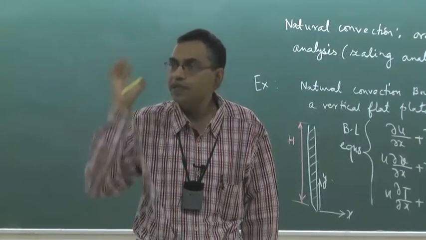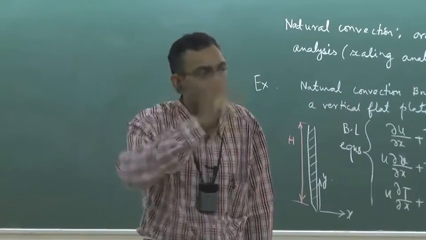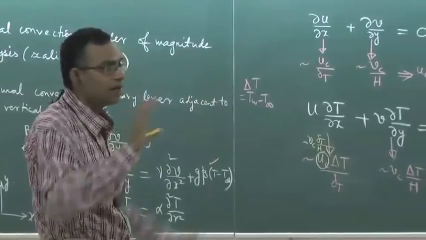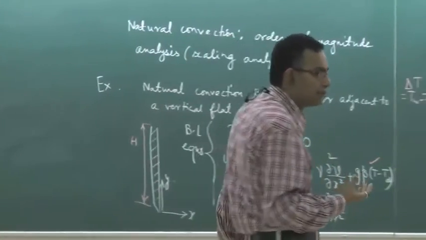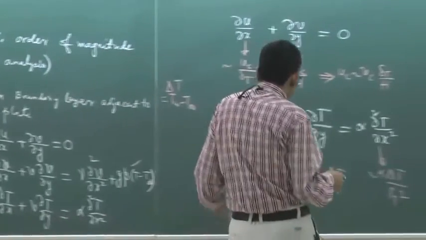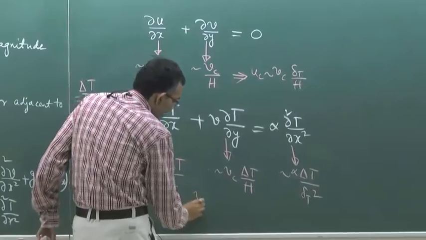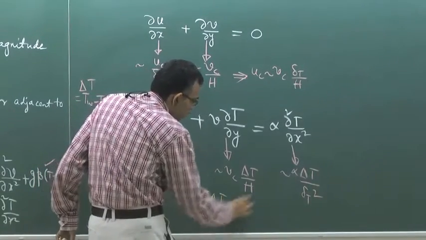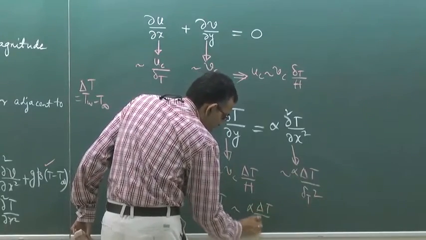But if V is not identically equal to 0, then no matter how small u or V is, you will see that these two terms are of equal order of magnitude. This is something which is not very intuitive. So, these two terms together are of the order of Vc delta t by h, that is of the order of alpha delta t by delta t square.